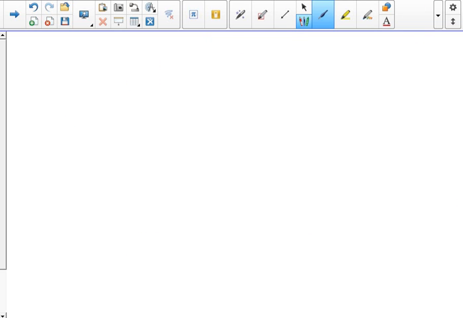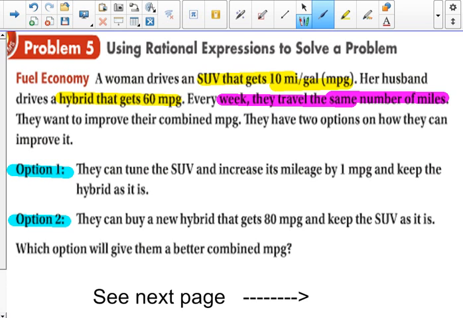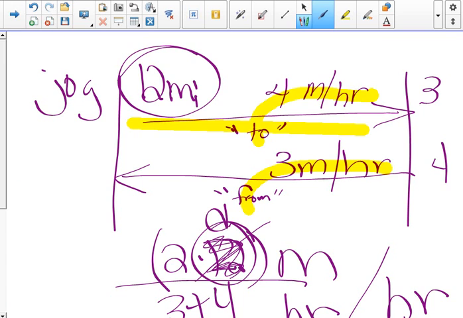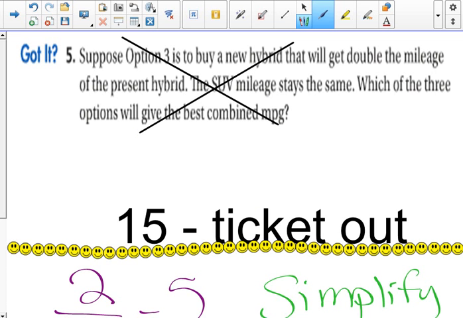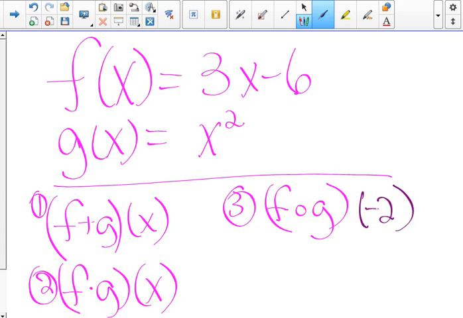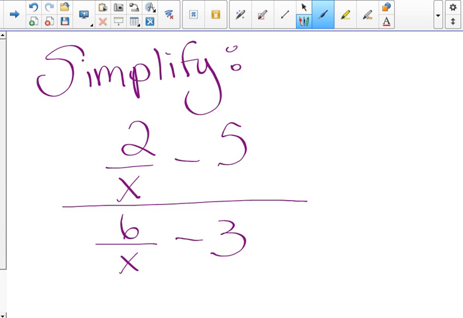All right, so what we're going to do, you've probably already done it if you worked your assignment all the way through. It's number 15 on this assignment. And number 15 is just one of those little quick things. Let me find it. Simplify. It's what we've just been doing here, right?